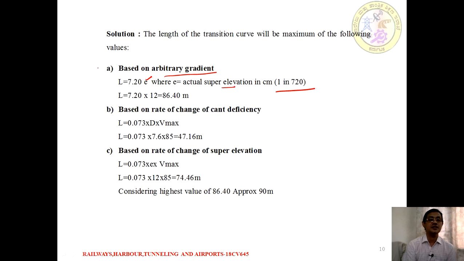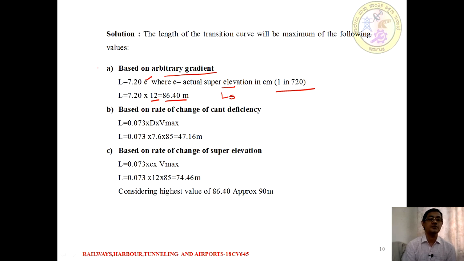In this case it is provided as 12 centimeters. The first formula, based on the arbitrary gradient, is L is equal to 7.20 multiplied by E. So the length of the curve is going to be 86.4 meters. Some authors write the length of the transition curve as LS, so it's no problem.